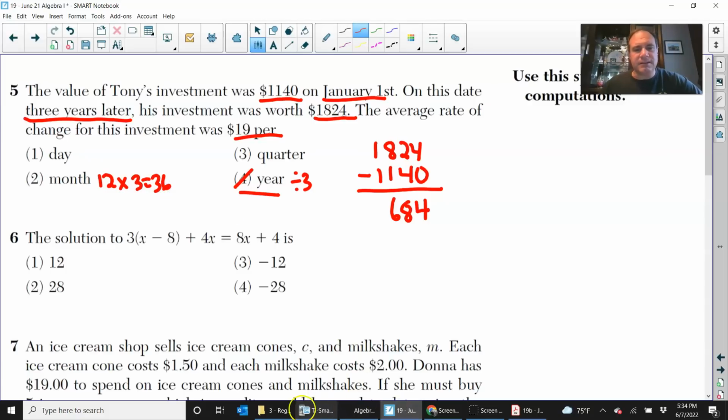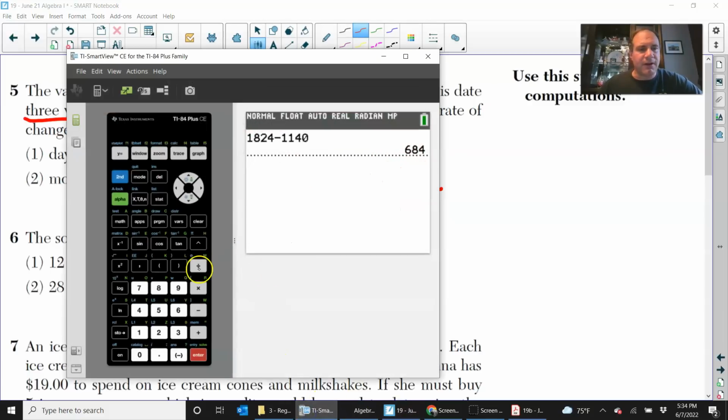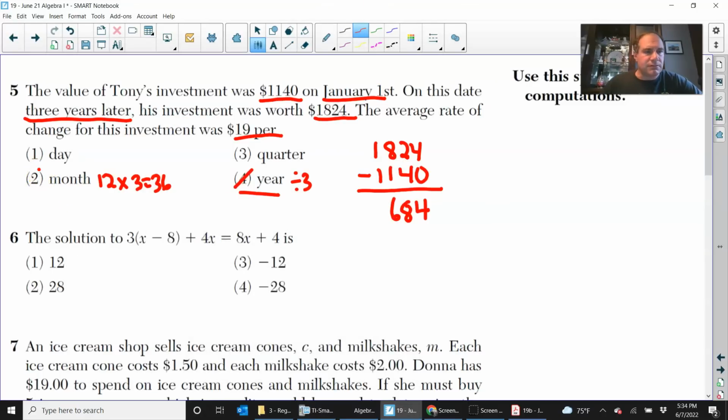So I'm going to take 684 and divide by 36 and see if that comes out to 19. It does. That was definitely a good way to go about it. So it's 684 divided by 36, and that would be equal to 19 per month.